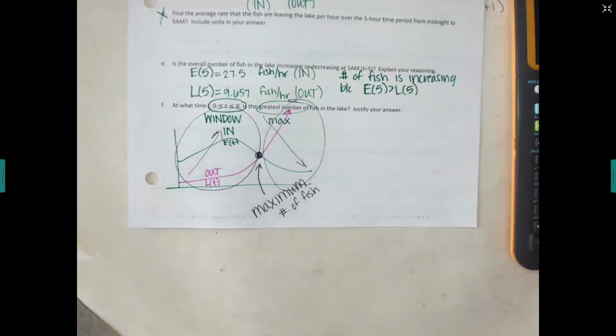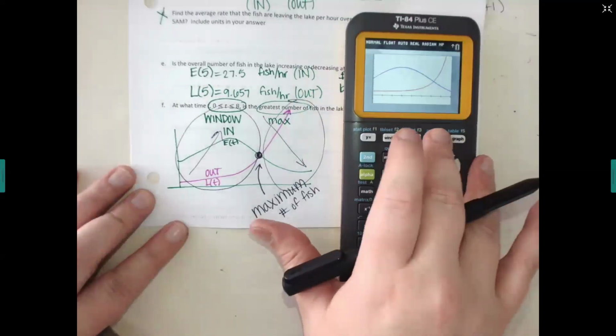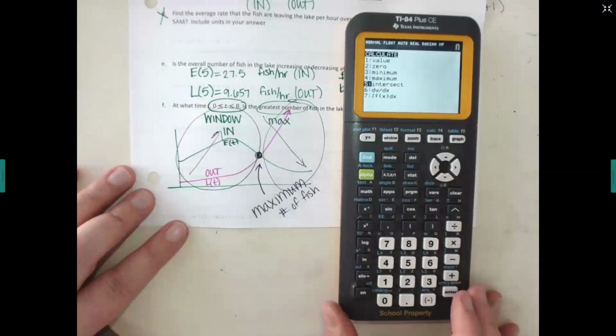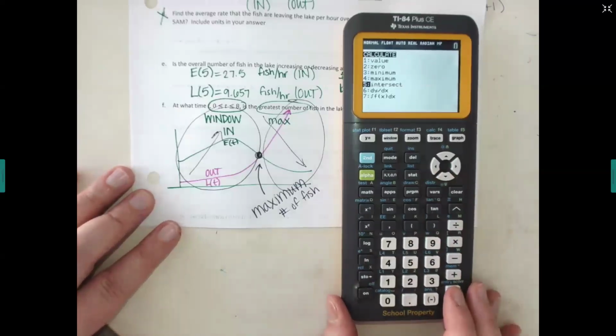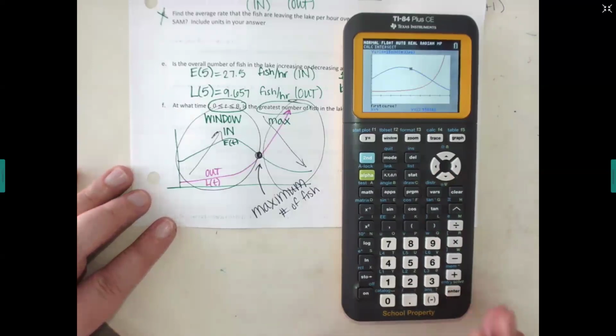You should know how to find this using the intersection in your calculator. So to find that button, you're going to do second trace, and then go down to option 5, intersect. Now, if you have multiple intersection points, you need to get close to the one that you want.